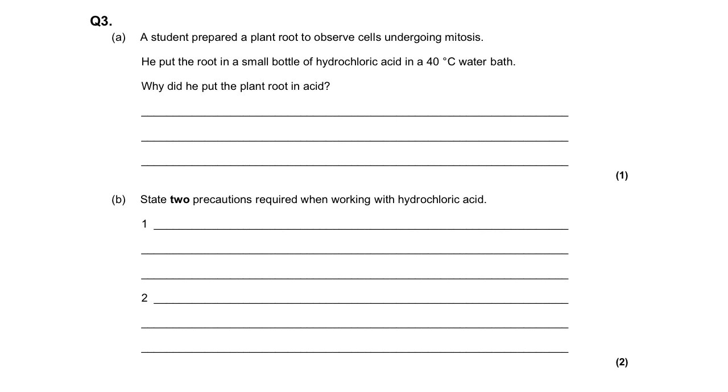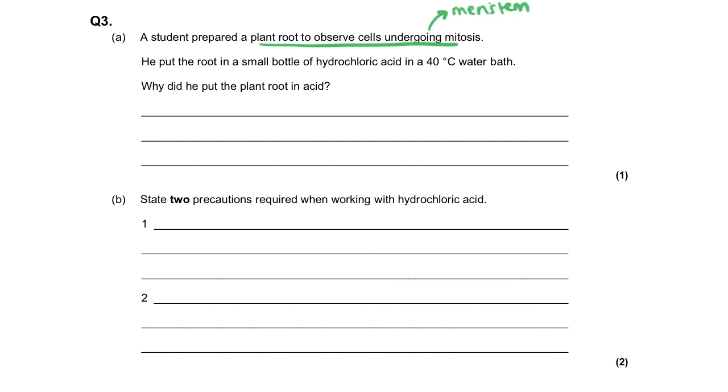Question 3 is looking at the mitotic index and the required practical, where we looked at mitosis in some roots. So a student prepared a plant root to observe cells undergoing mitosis. Already with this stem, I'm thinking about plant roots undergoing mitosis, and I know that potentially I'm looking at the meristem.